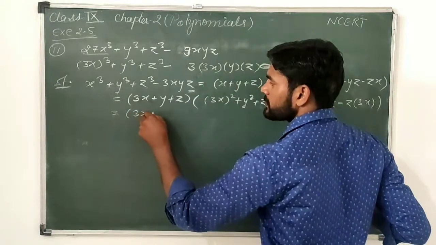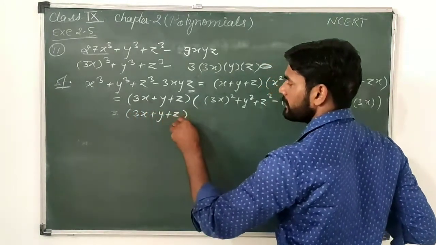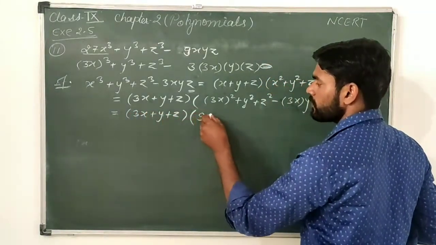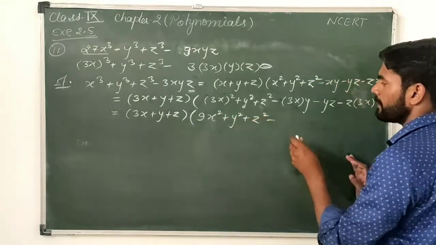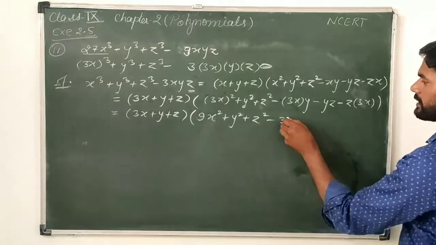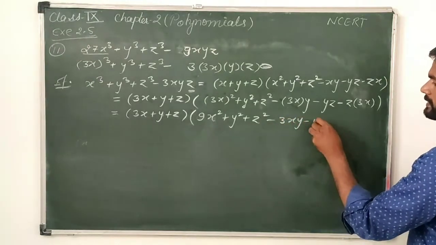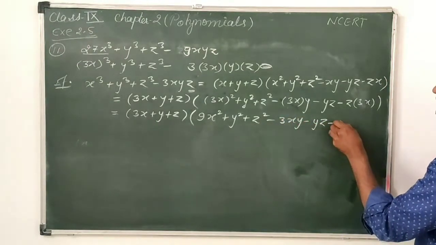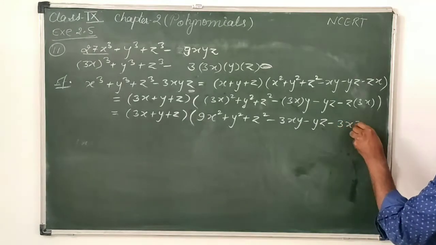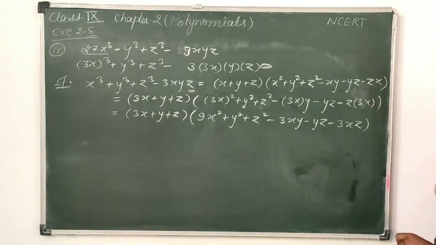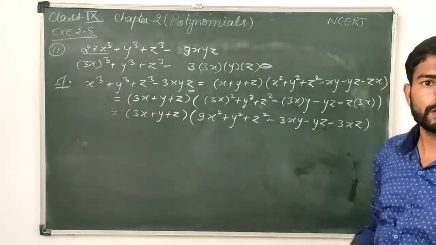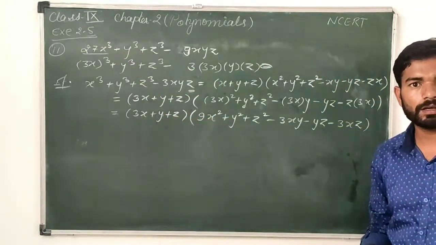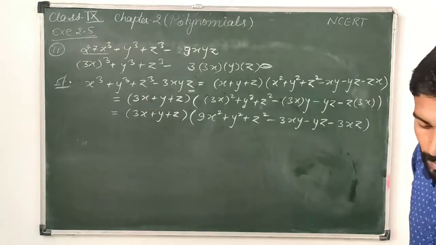Now (3x plus y plus z) into (9x square plus y square plus z square minus 3xy minus yz minus 3xz) on multiplying this. So these both are the factors of this one. Students, copy in your notebook. Clear?